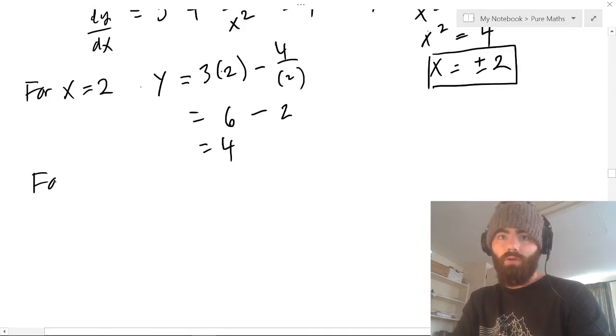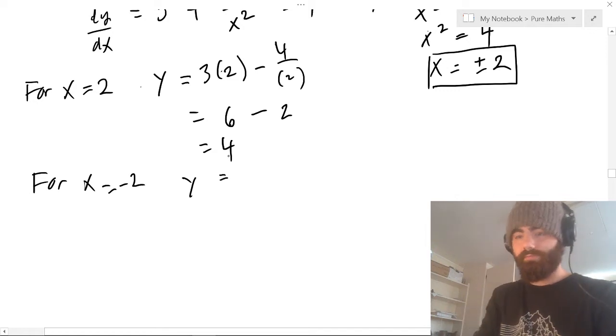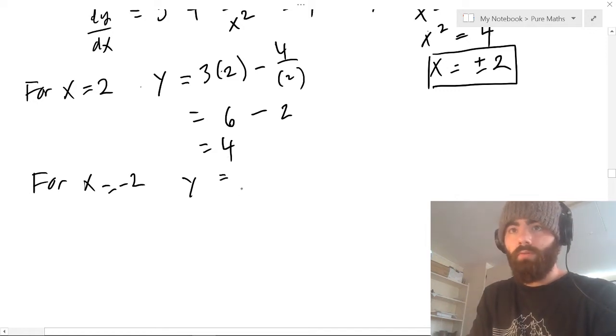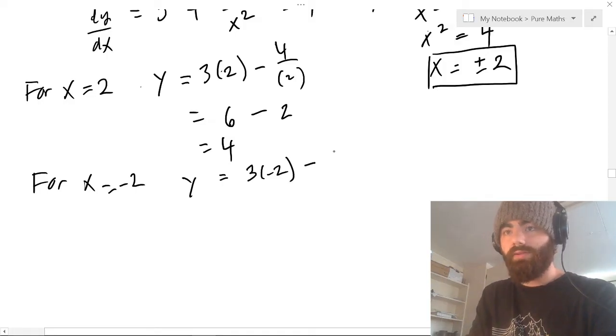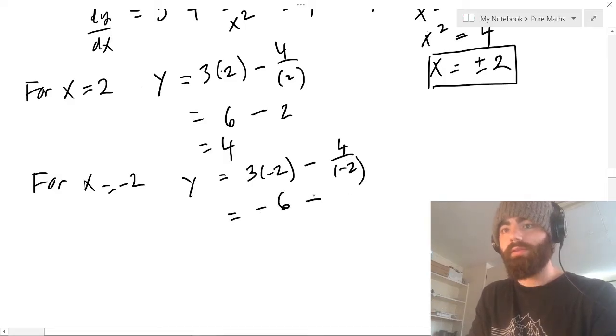And for x equals negative 2, we get y equals 3 times minus 2 minus 4 over negative 2. So this is minus 6 minus, so which is plus 2, which is minus 4.